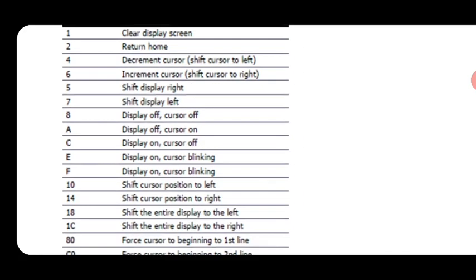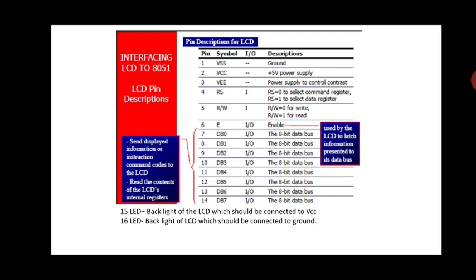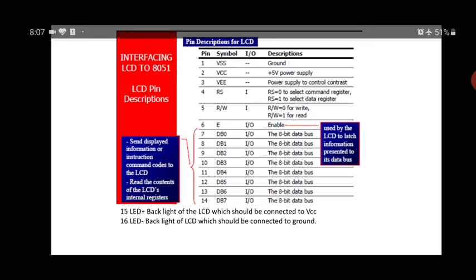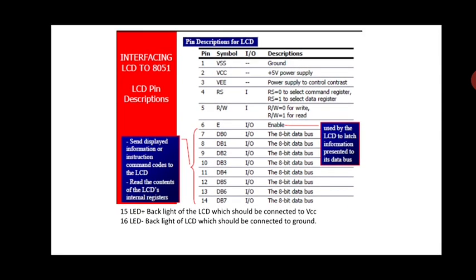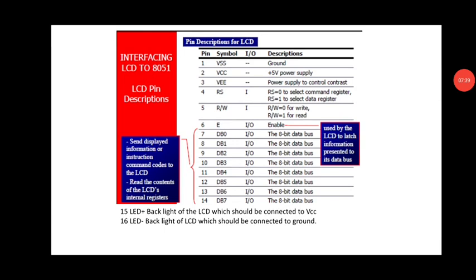Now look at this one. Before going into this, I hope I told you about the command register. Command registers are nothing but this: how many bits are available with the LCD in total? There are 8 bits. Before I send data to the LCD, I have to clear it, right?